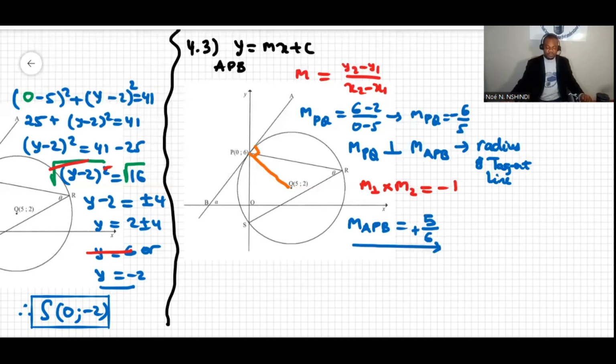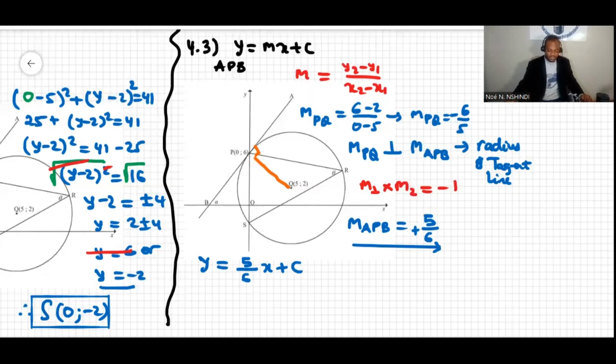All right, now we're going to substitute in the equation. So this makes y equal to 5/6 x plus c. Now I can sub the points. The only point I can sub is the point P. The point P is (0, 6). So I'm going to sub 0 for x and 6 for y.